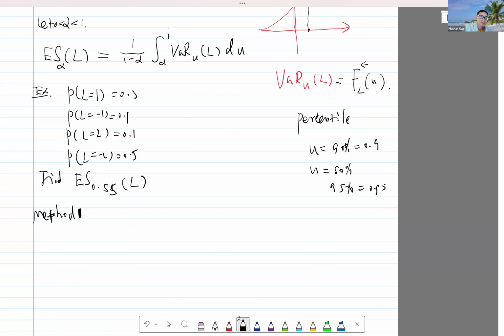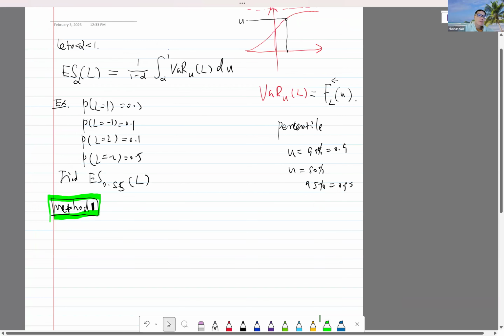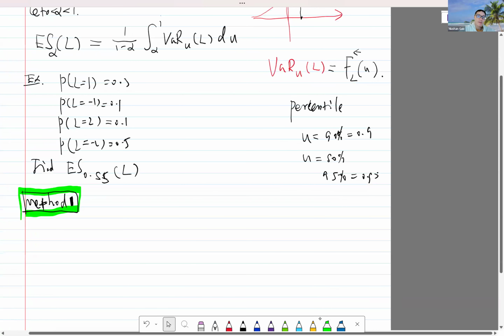This is method 1, using the definition. For random variables with a probability density function, I will also introduce 2 ways to compute them. So you need to know both ways. Method 1: we need to find the value at risk.